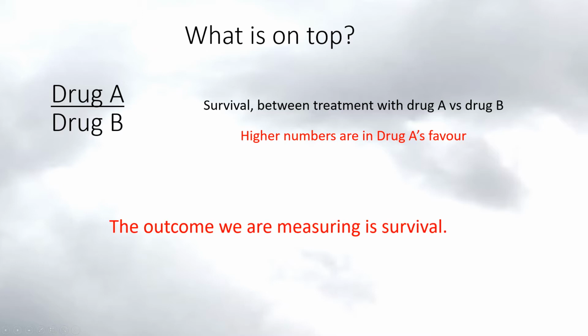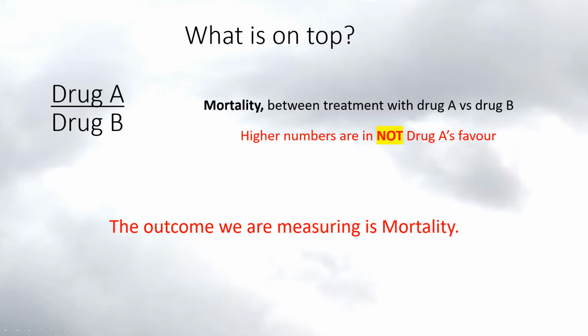However, if you change that round to mortality, then higher numbers will not be in drug A's favour. So be clear in your head what the outcome you are measuring is, and just make sure you're very, very particular on these things, because you can sometimes get muddled up.